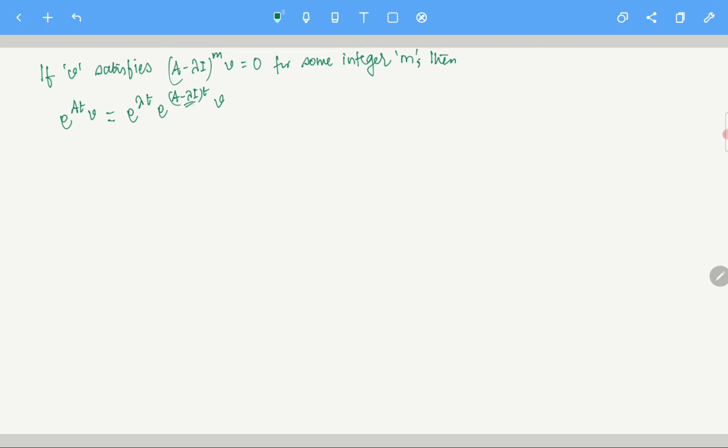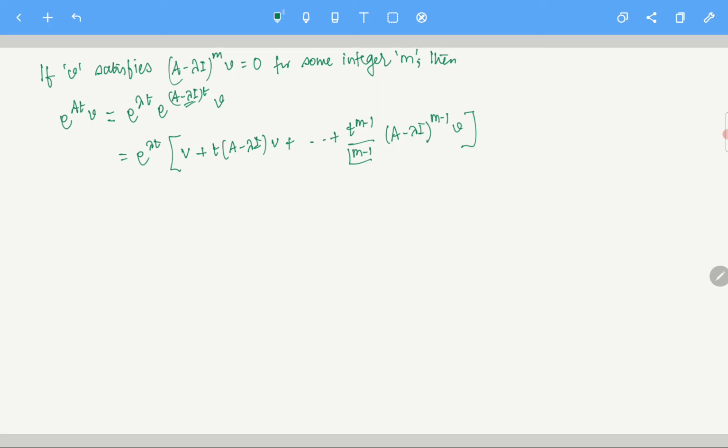If you just break up this series, e to the power lambda t times v plus t times (A minus lambda I) v, plus it goes on like this, up to t to the power m minus 1 by (m minus 1) factorial times (A minus lambda I) to the power m minus 1 times v. Clear?